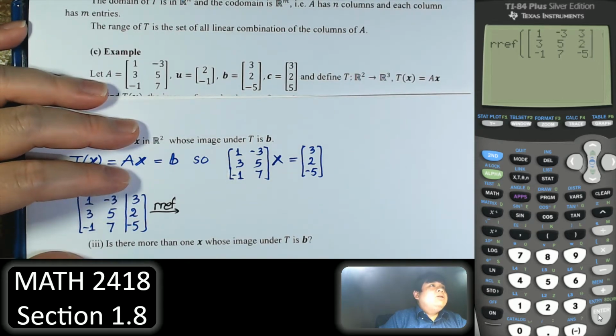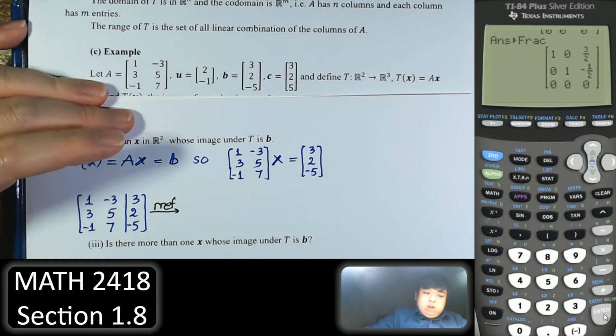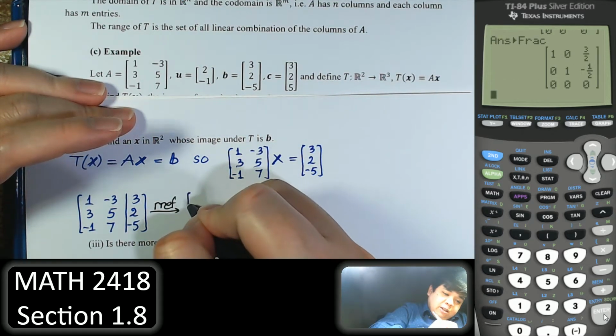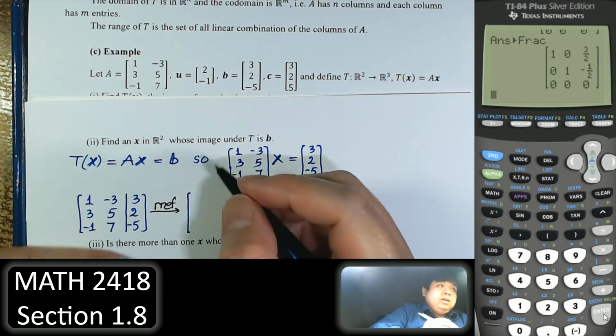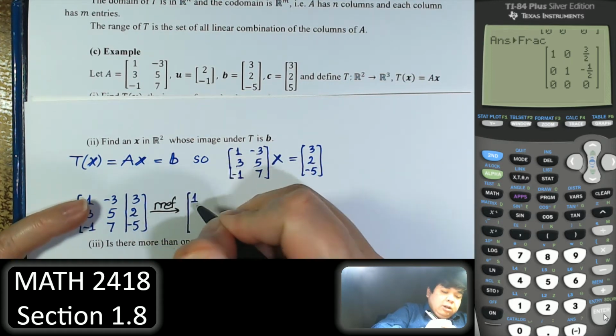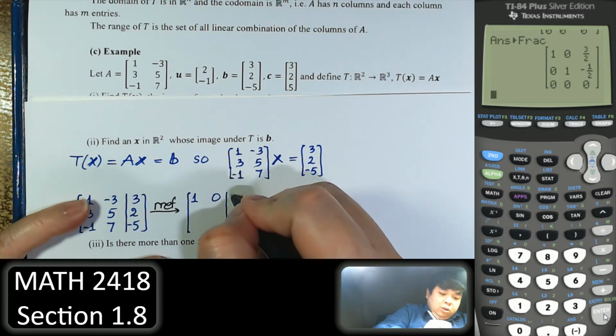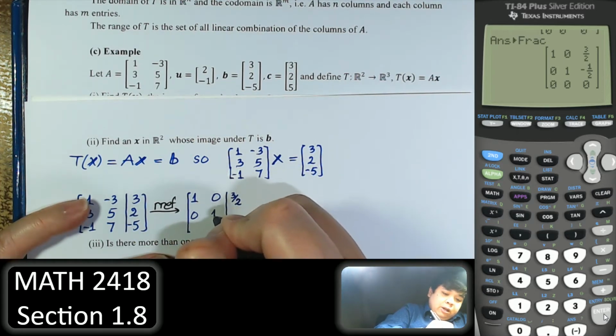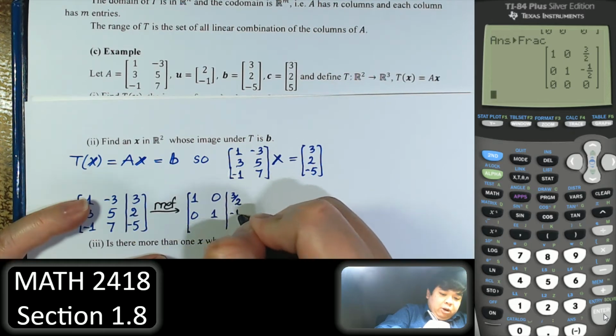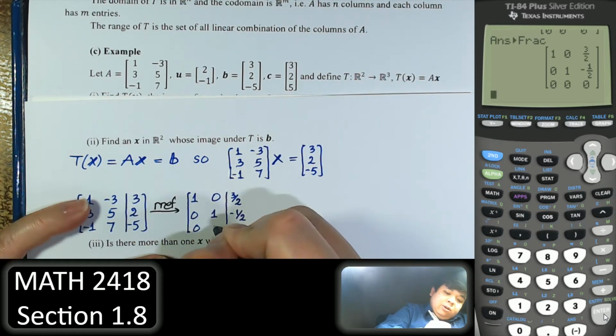I am going to change the fraction, so that's what we have. So 1, 0, 3 half, 0 and 1, negative 1 half, 0, 0, 0.